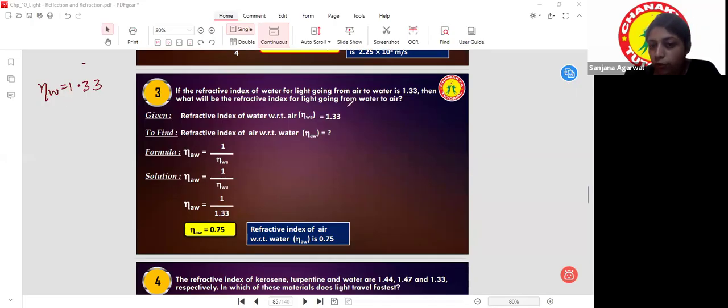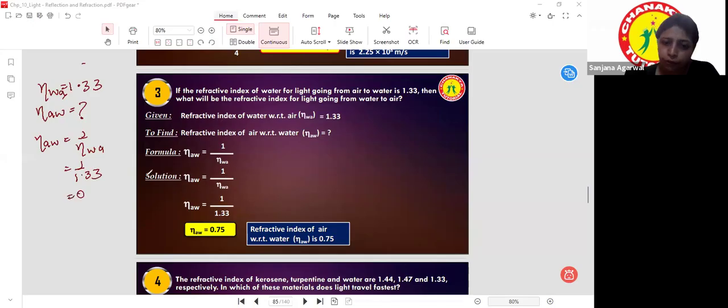Then what will be the refractive index for light going from water to air? That means we have to tell air with respect to water. We know that for two opposite media, the ray of light going from one to another, and then the opposite is vice versa. So just by using this formula, calculate and you will get the answer, which is 0.75.